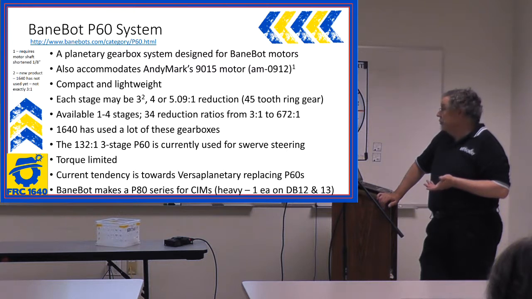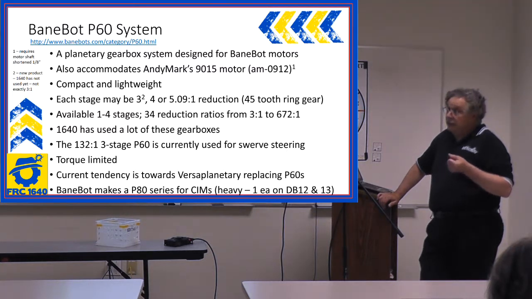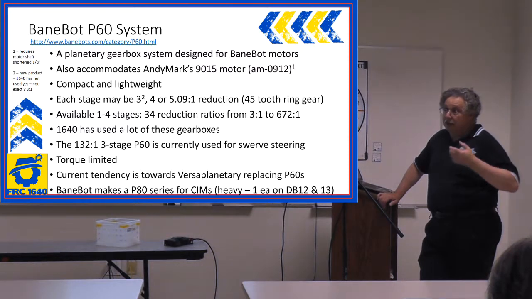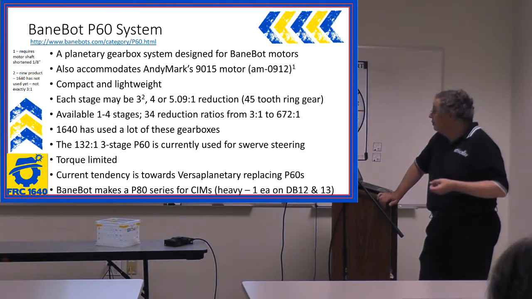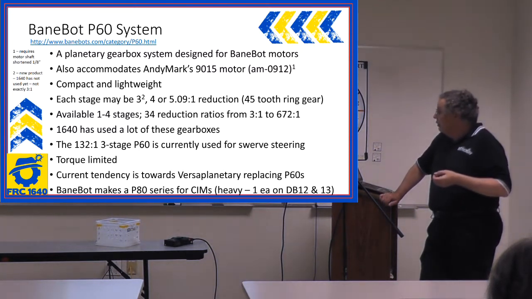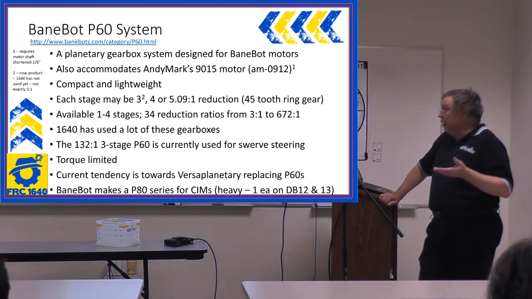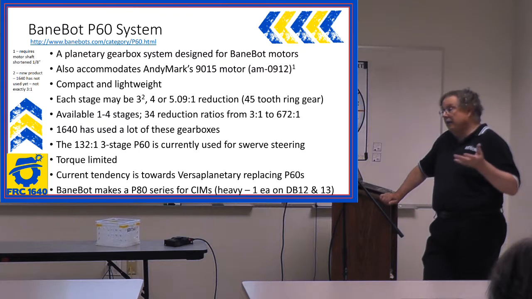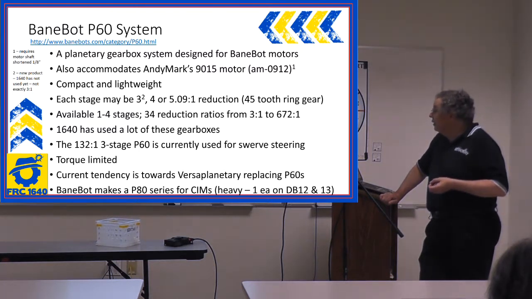And each stage can be 3, 4, or 5 to 1 reduction. It's available in 1 to 4 stages. You need to know that when you buy it, because you're going to buy the actual gear reduction you want. But you can go anywhere from a 3 to 1 reduction to a 672 to 1 reduction, which is crazy.